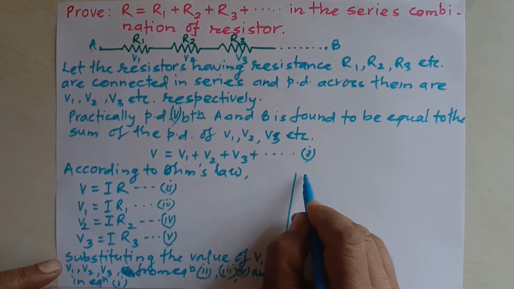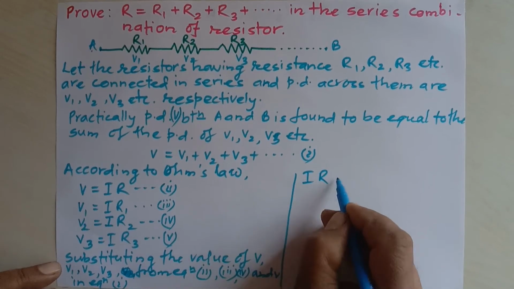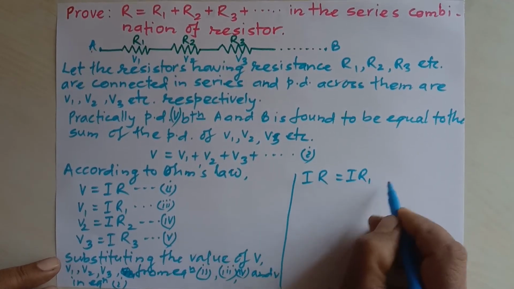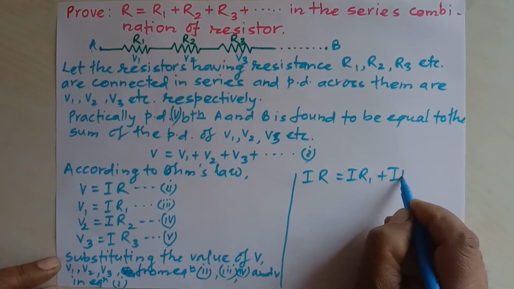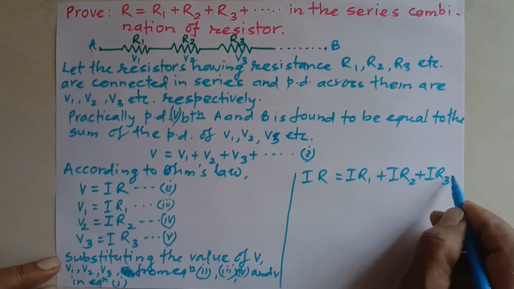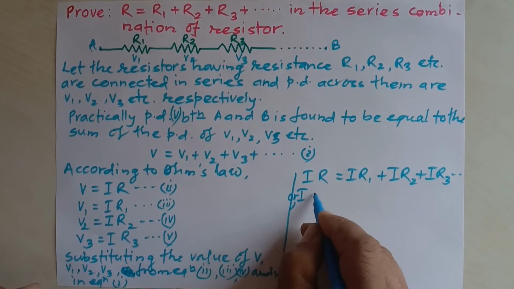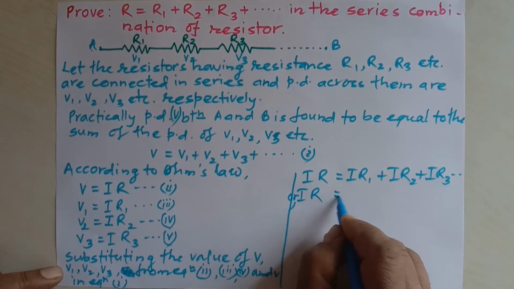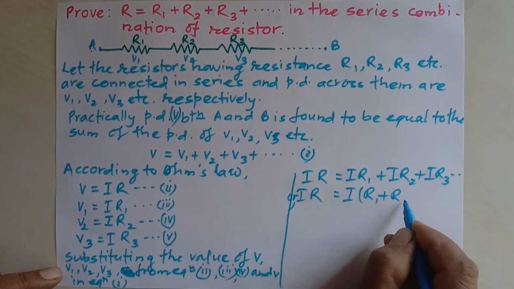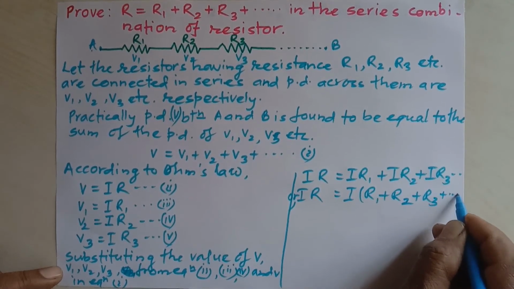Now what we get: V becomes I R. I R is equal to, V1 becomes I R1, V2 is I R2, V3 is I R3 and so on. If we take I as common here, then we have R1 plus R2 plus R3 plus so on.